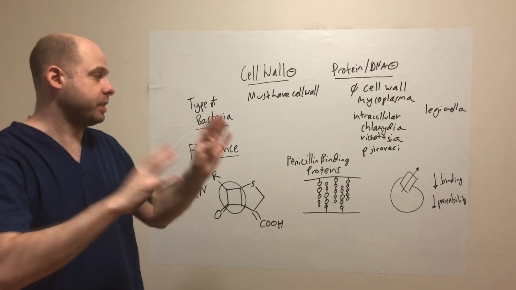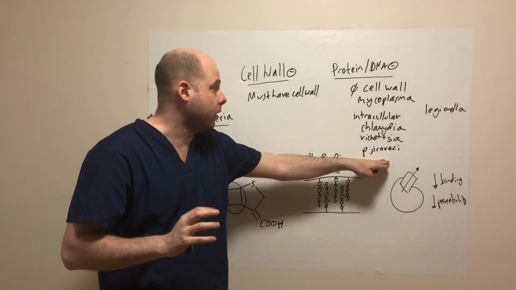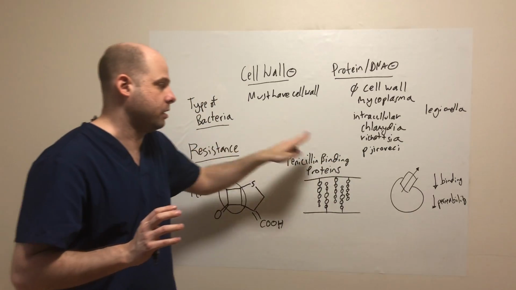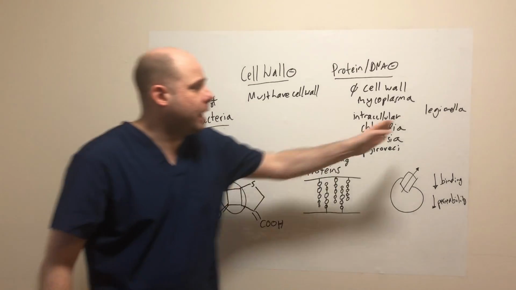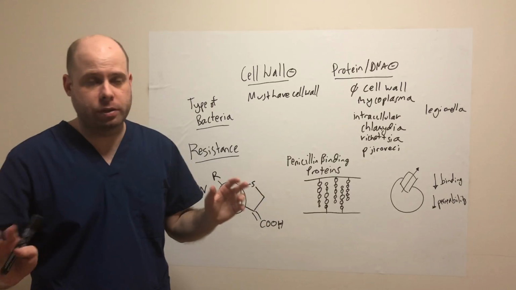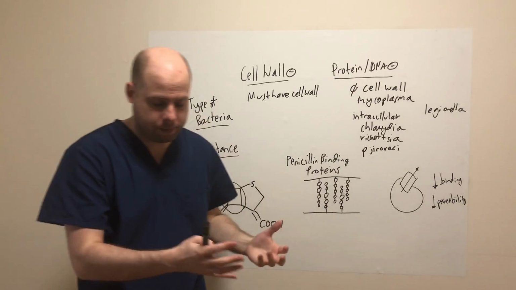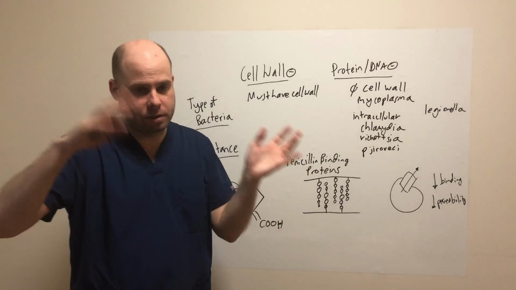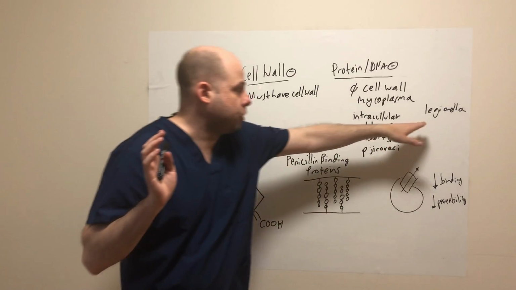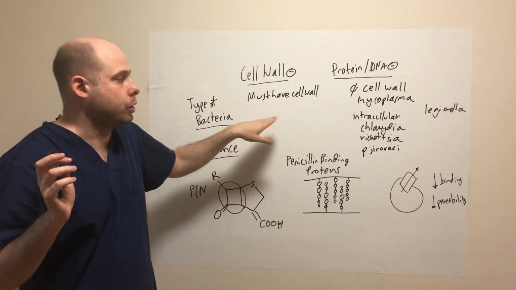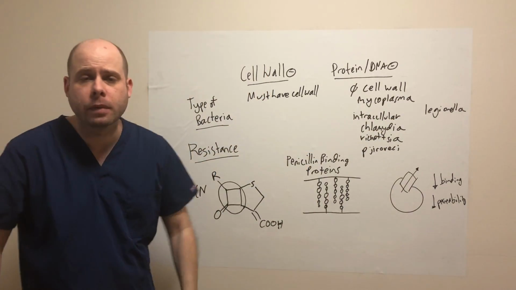That's actually a fungus that we slipped in here, but again, obligate intracellular, so cell wall inhibitors are not effective against this. Legionella is a facultative intracellular bacteria, which means it spends some time inside human cells, sometimes outside human cells, but in general, cell wall inhibitors are also not effective against Legionella.